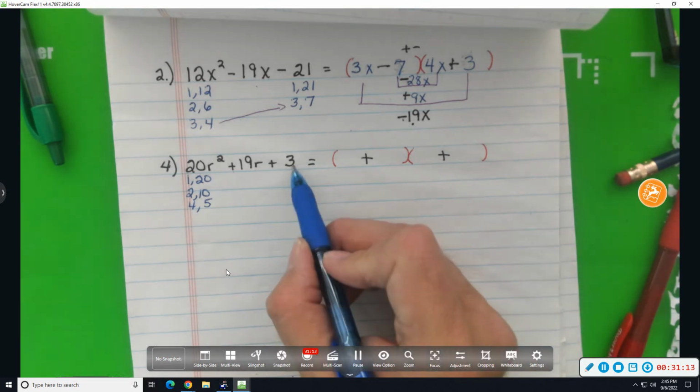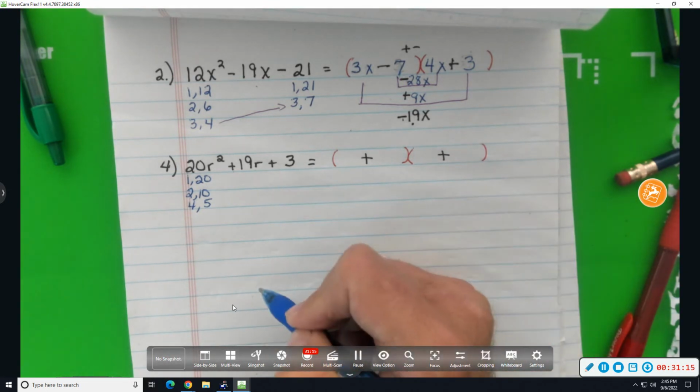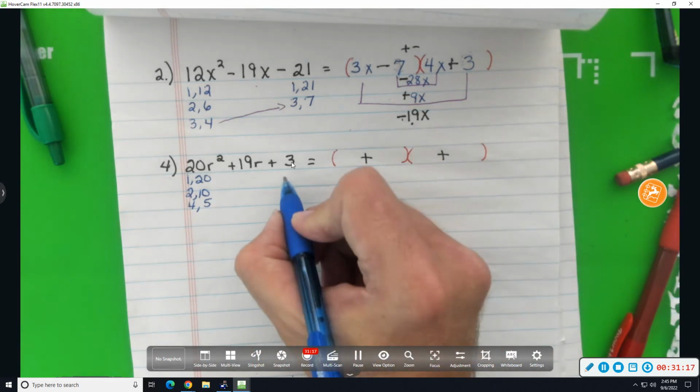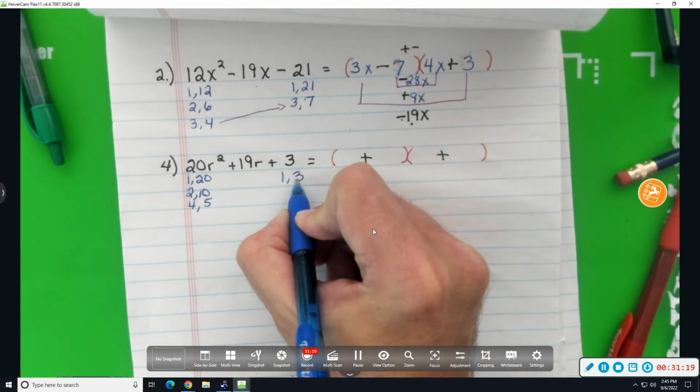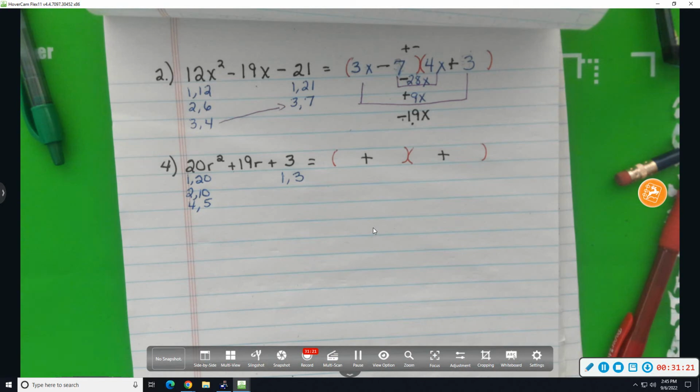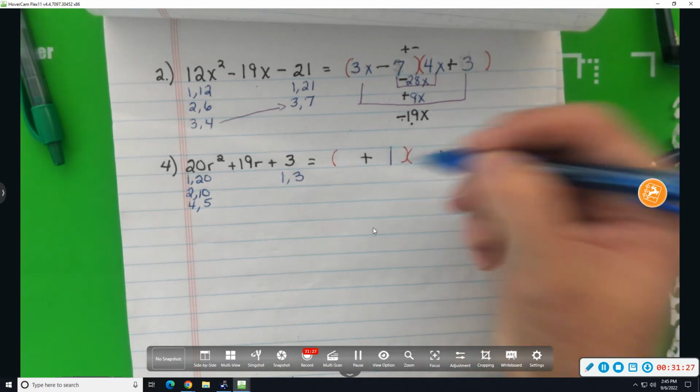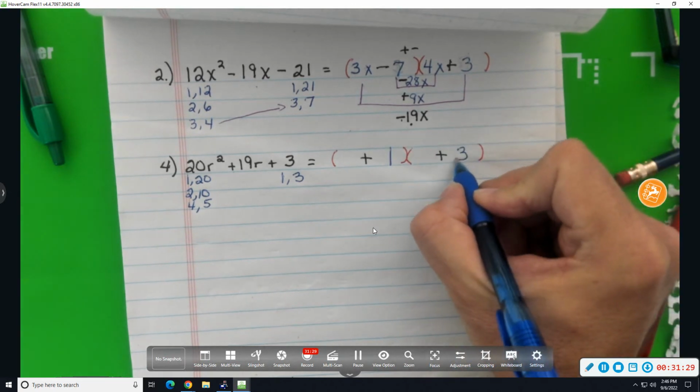Now for the 3, what numbers am I going to write right there? Oh, I like this. 1 and 3? That's it. There's no other possibility for 3. So I'm going to go ahead and fill in the 1 and the 3.